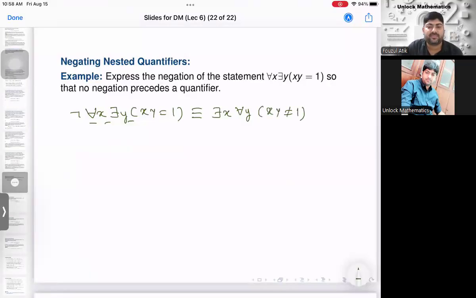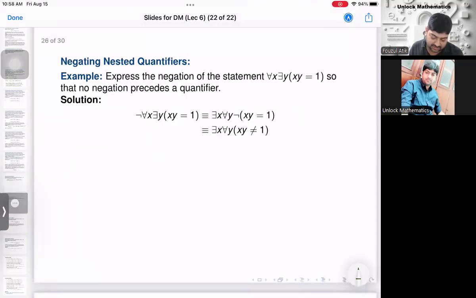We are done. So we have done it in one line. You can easily understand: for all x becomes there exists, there exists becomes for all y, and the negation of xy equals 1 becomes xy not equal to 1. We are done.